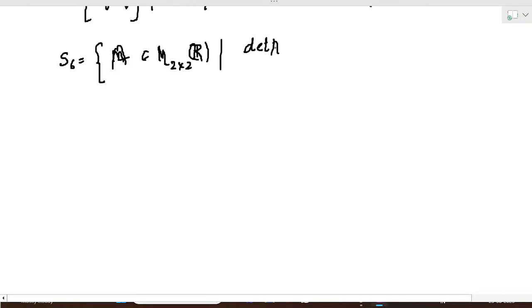Okay, now take another example, S6. Do you think this forms a subspace? If I take, let's say, A belongs to the set of matrices such that the determinant is 0, the answer is no. Why?